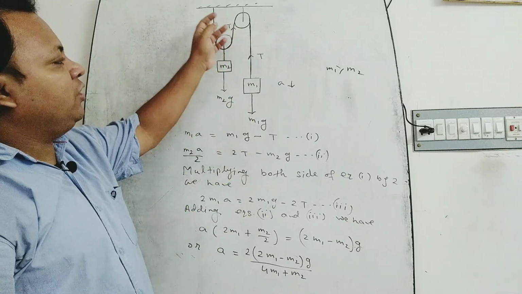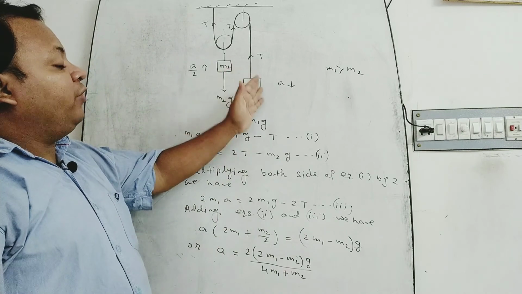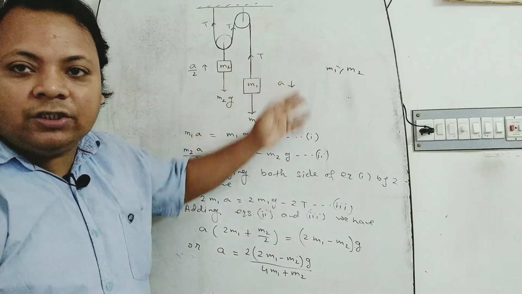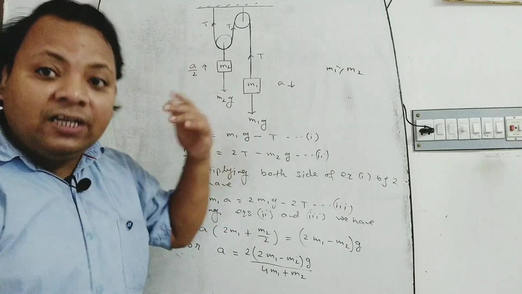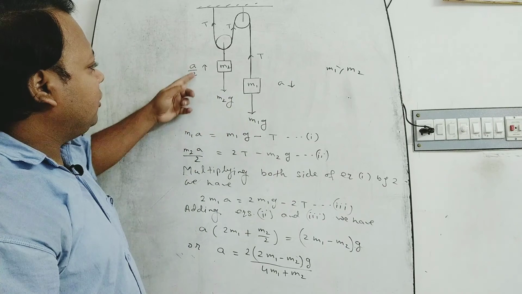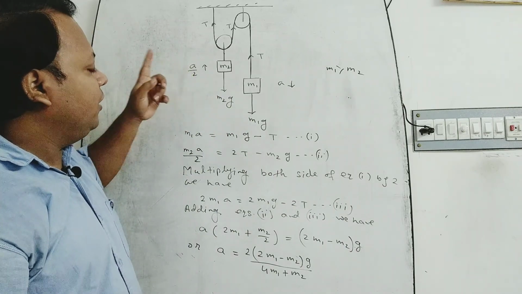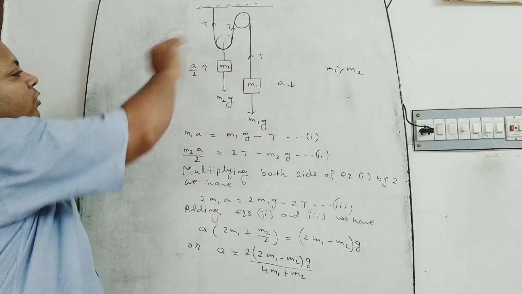T is the tension of the string. The first body, m1, moves vertically downward with an acceleration a, and the second body m2 moves vertically upward with an acceleration a/2. The acceleration of the second body becomes a/2 since it is connected with a movable pulley.